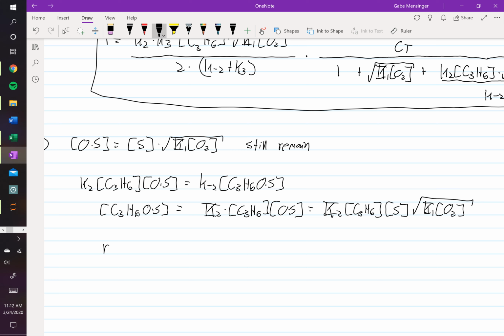So we're trying to find the overall rate expression still. R is equal to R3 over 2. That remains true. And now we can plug in. This still remains true as well, based off of step 3.